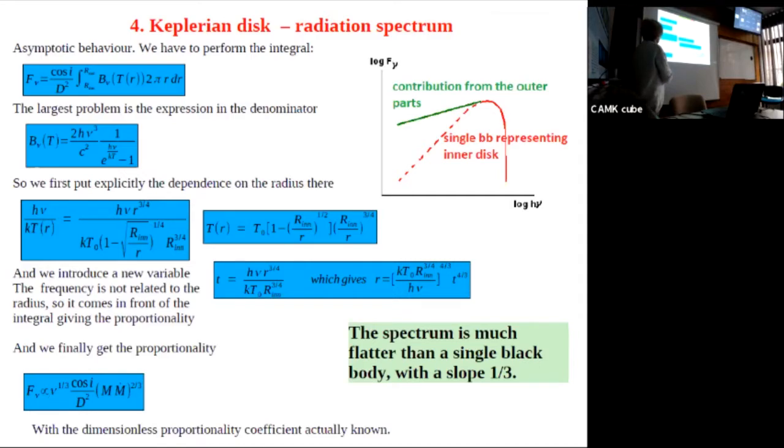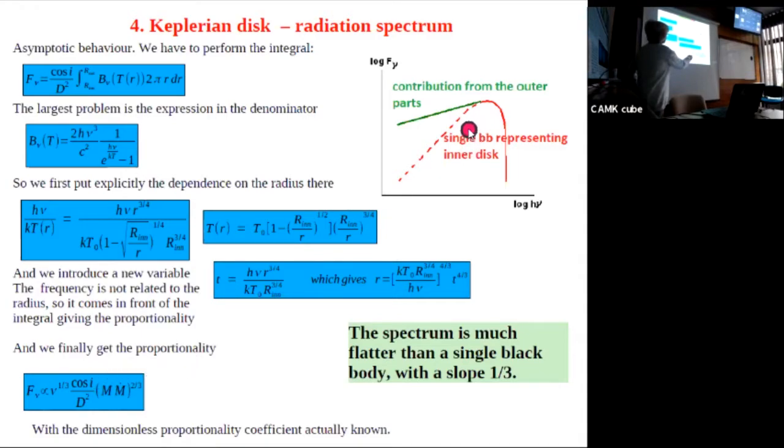So sorry for that. But anyway, you have a prescription for the integrated flux from an accretion disk, proportional, as I said, to cosine of the viewing angle, depending on the distance. But frequency dependence is as a power law, 1/3. And here you have the normalization, which depends on black hole mass and accretion rate to the power 2/3.